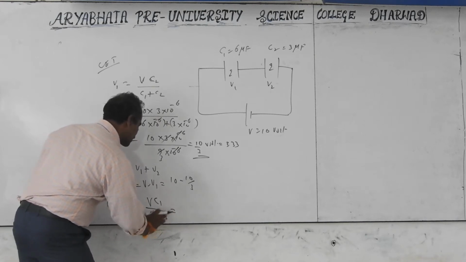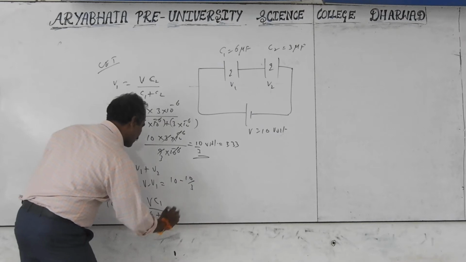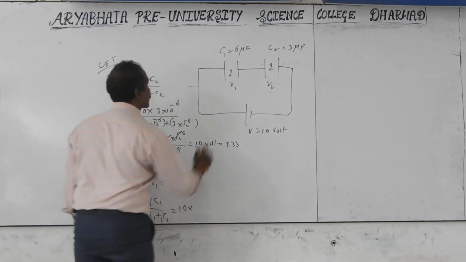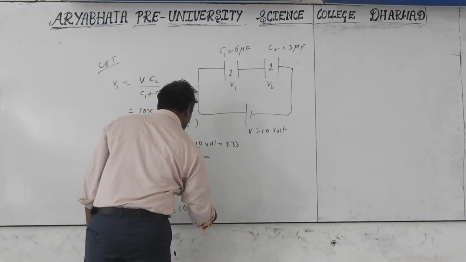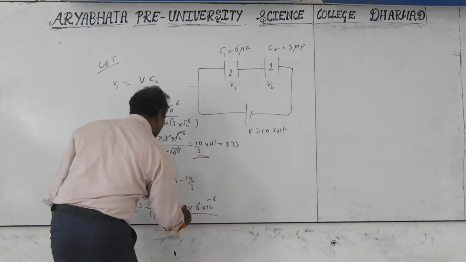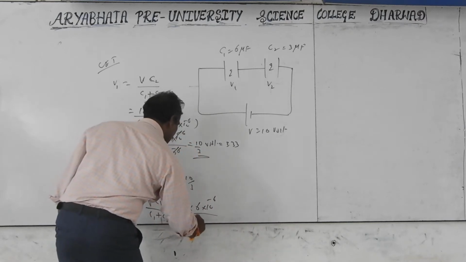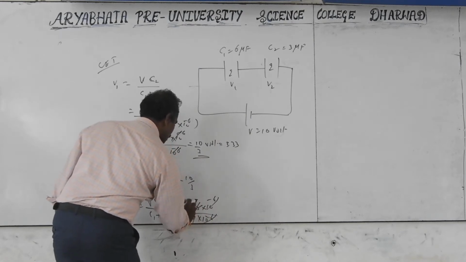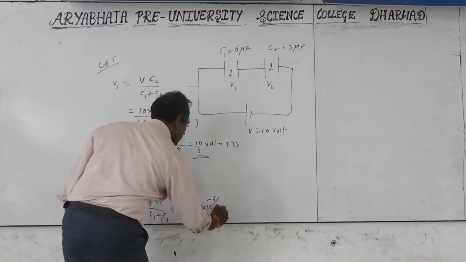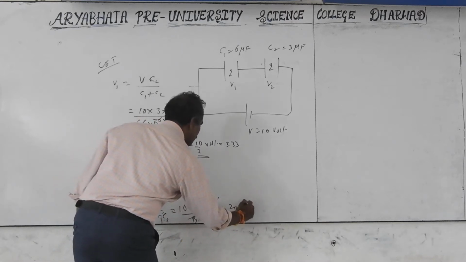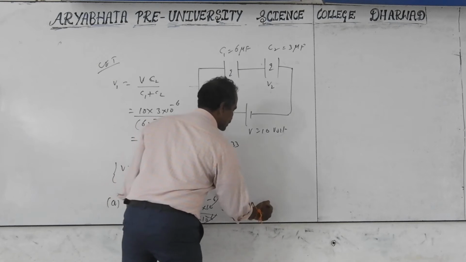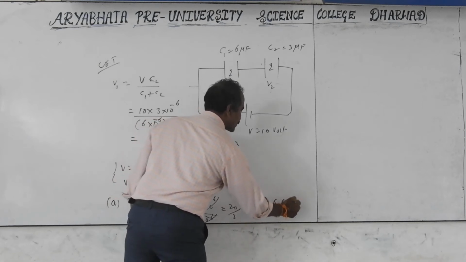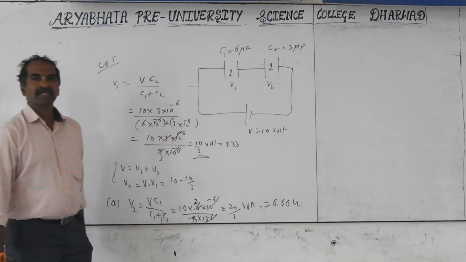Total voltage is 10 volts into C1, which is 6 microfarads into 10 to the power of minus 6, by C1 plus C2, that is 9 into 10 to the power of minus 6. Take out the common factors, and it is 20 by 3 volts, 6.66 volts, same as before. Okay, V equal to V1 plus V2.